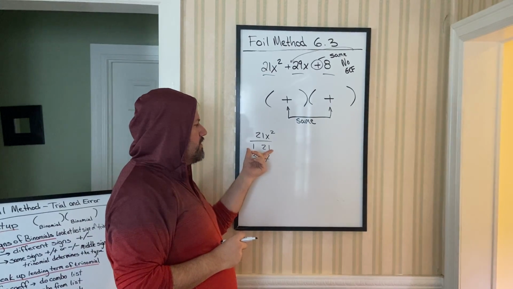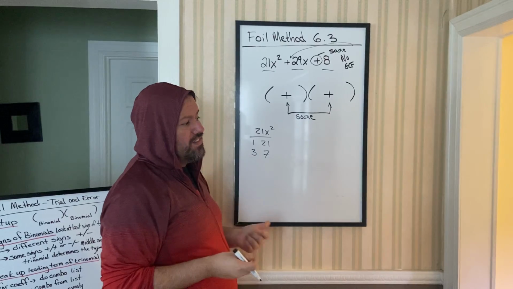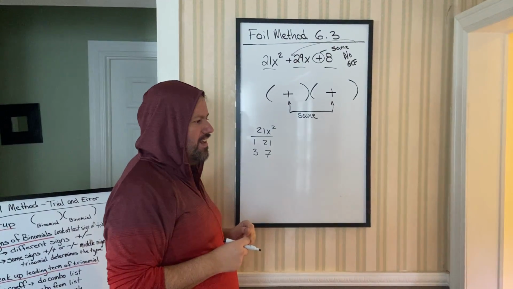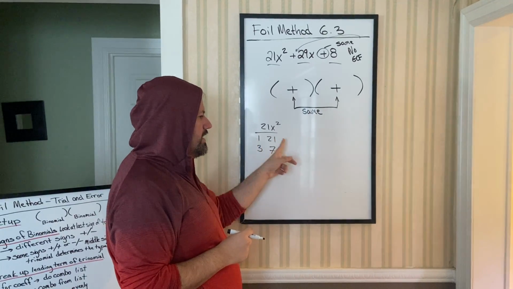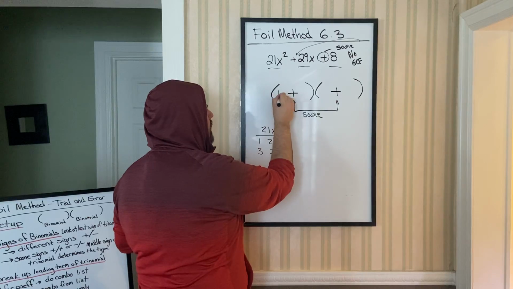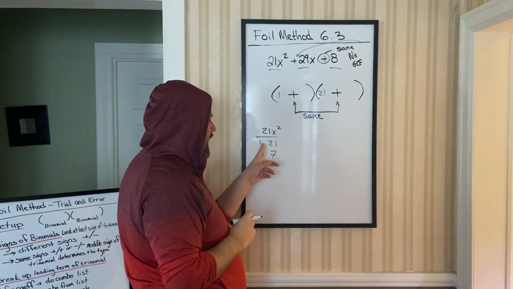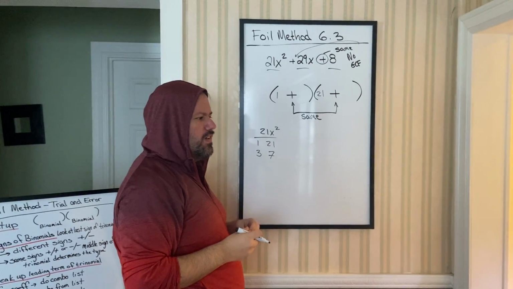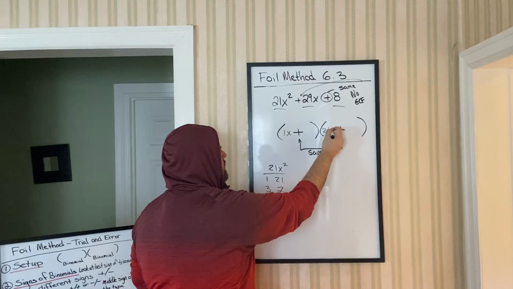Well, if you add or subtract, you're not going to get 29 in either case. And I will tell you, this does factor out. So what you're going to have to do is just randomly choose one of these guys. So for us, I'm going to randomly choose the first one, 1 and 21. And then break down the letter x squared evenly. When you break it down evenly, it's going to be x and x.